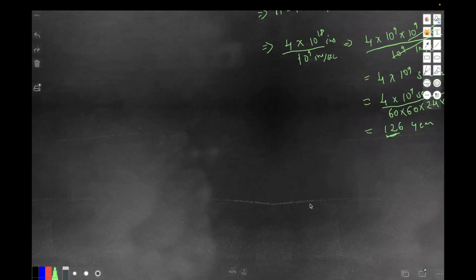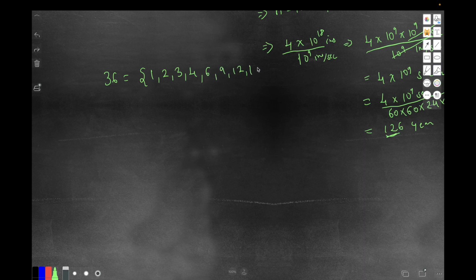Let's try to visualize the optimal code for this. We have 36, and the factors are 1, 2, 3, 4, 6, 9, 12, 18, and 36. 1 is a factor of 36.